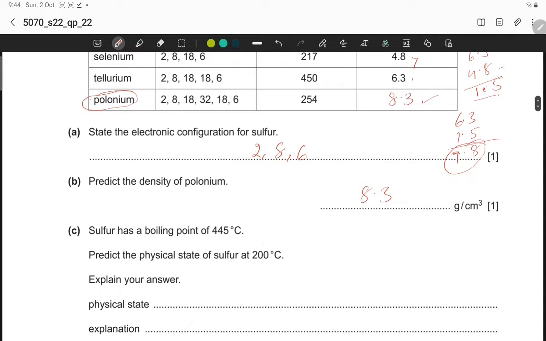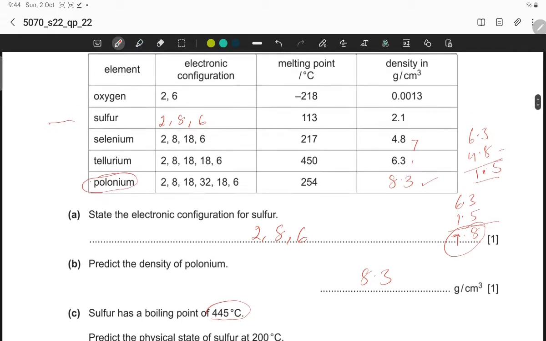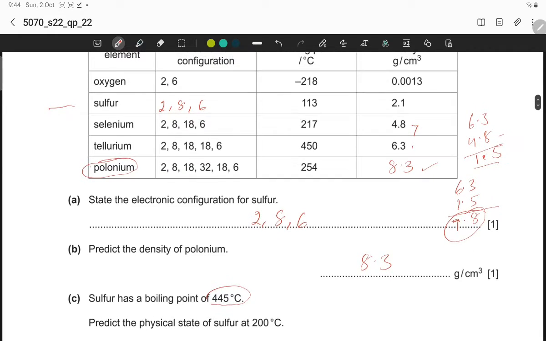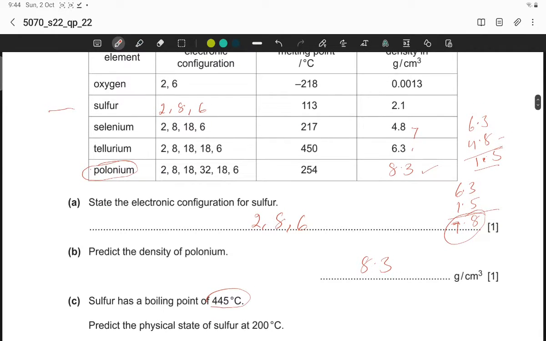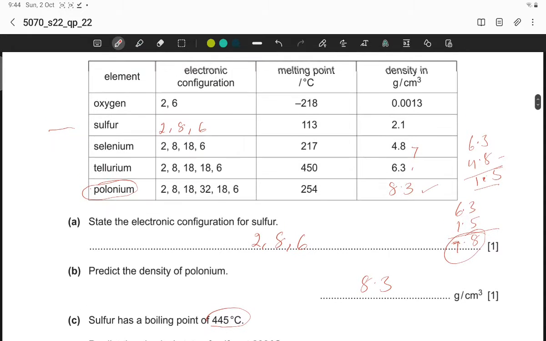Sulfur has a boiling point of 445 degrees centigrade. Predict the physical state of sulfur at 200 degrees centigrade. It is liquid. 445 is the boiling point, and the melting point of sulfur is 113.